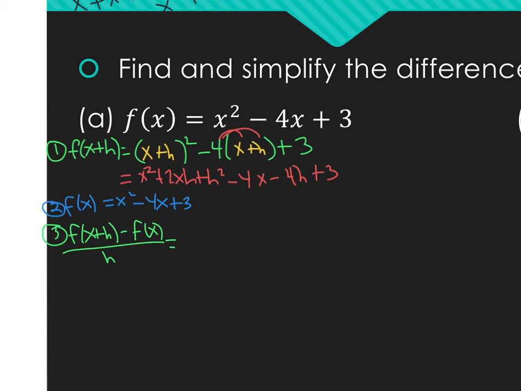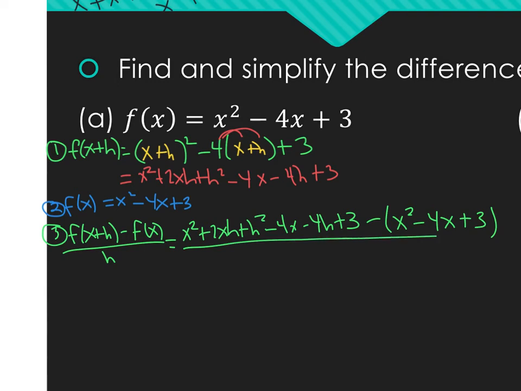So we found the first portion up in step 1, and it is kind of long. Let's see, we have x squared plus 2xh plus h squared minus 4x minus 4h plus 3. And now we're going to subtract that original f of x, the x squared minus 4x plus 3, all over h.